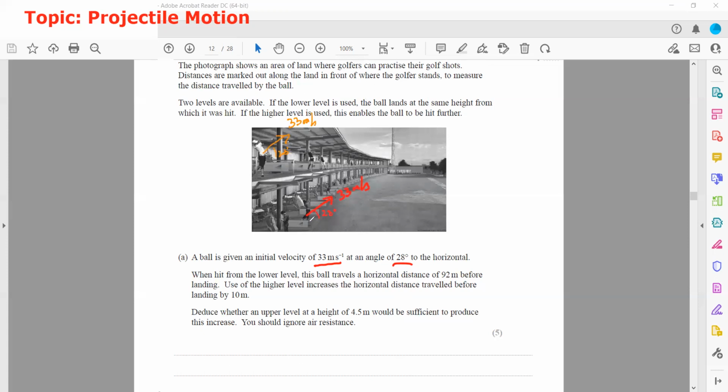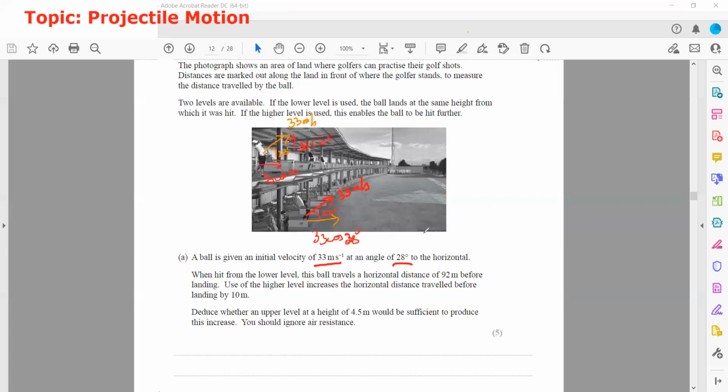So both will have the same horizontal component. The horizontal component is 33 cos 28, and the vertical component will be 33 sin 28. Same thing for this one: 33 cos 28 and 33 sin 28, the horizontal and the vertical.